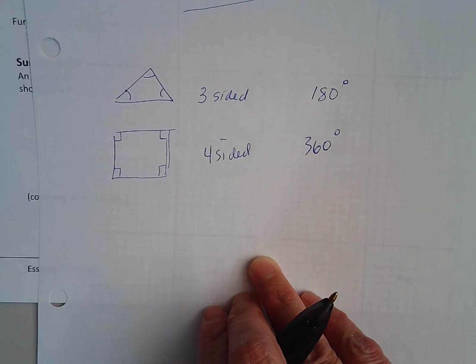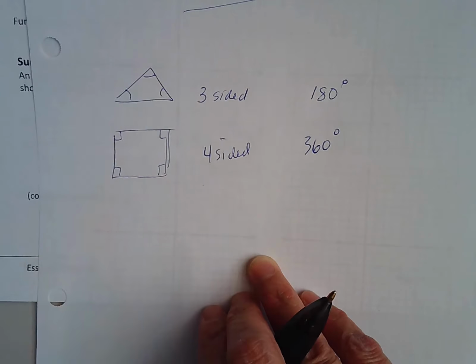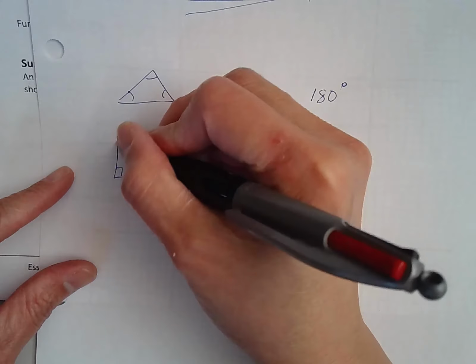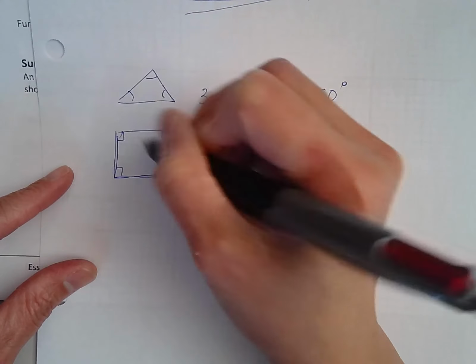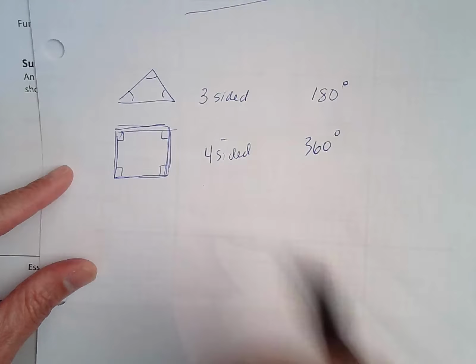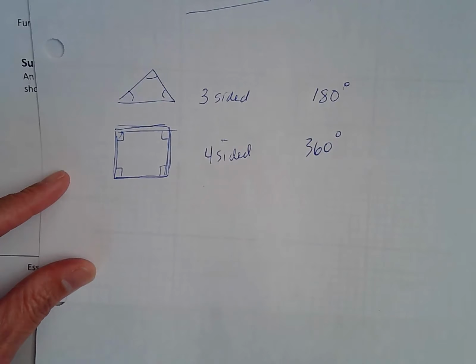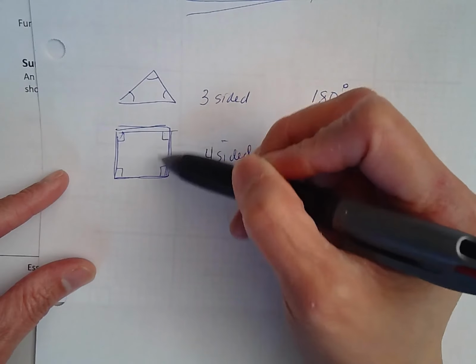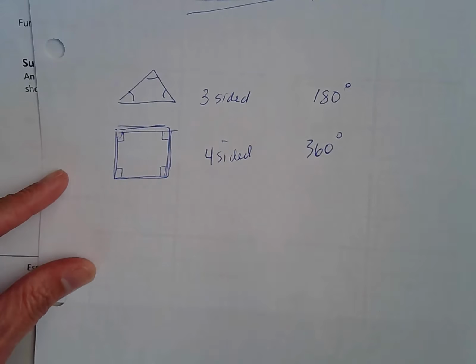Can you prove that this is 360? Because sometimes it's not. Is there another way that you can prove that this is 360 degrees? You're probably thinking, 90 plus 90 plus 90 plus 90, that's 360. But is there another proof to show that it's 360?